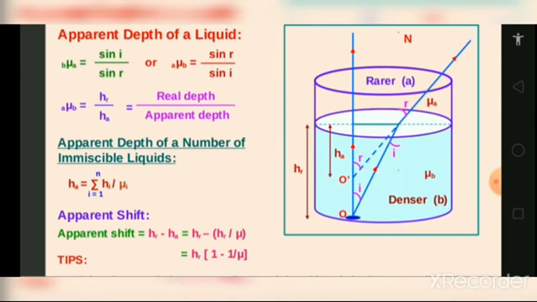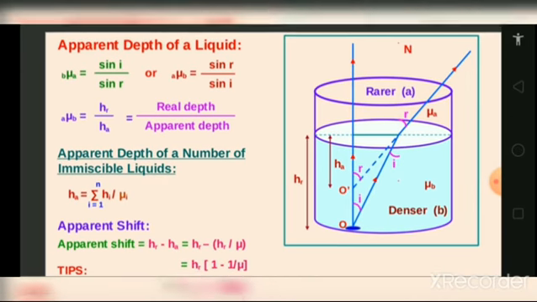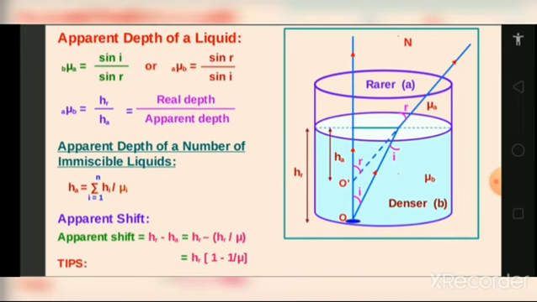Now see the apparent depth of a liquid. You can see on the screen that actually light is traveling in a straight line. Then when you see from the top, it should be seen at point O, but you will see it at O dash, or vice versa, depending on your supposition.